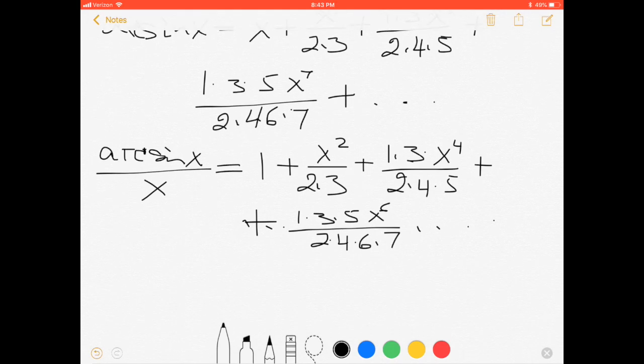And what is interesting, if you plug in x equals 0 for this series, you have exactly 1. This means it works for this kind of function.